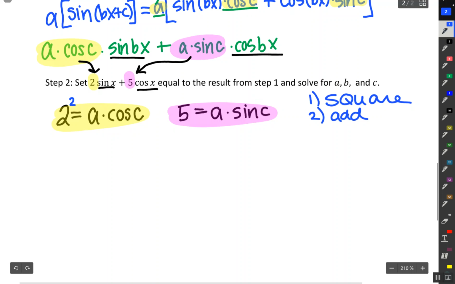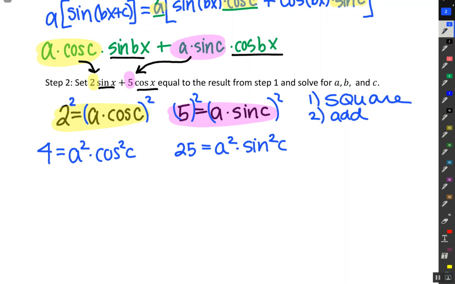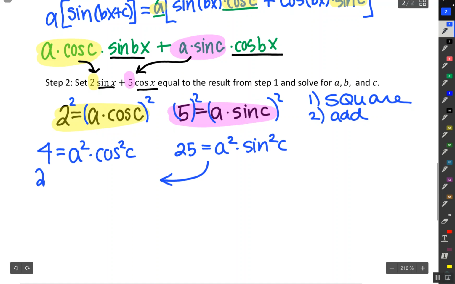All right, so square, square, square, square. It gives me 4 equals a squared times cosine of c squared. And then this one gives me 25 equals a squared times the sine of c squared. Okay, and then I'm going to add these equations together. So I'm just going to put one of them underneath the other. So 25 equals a squared times the sine of c squared. This gives me 29.